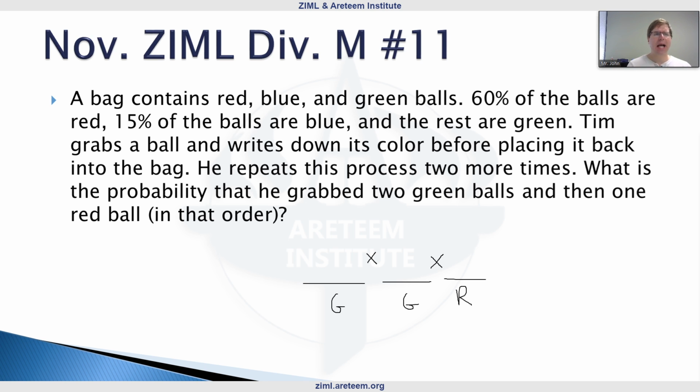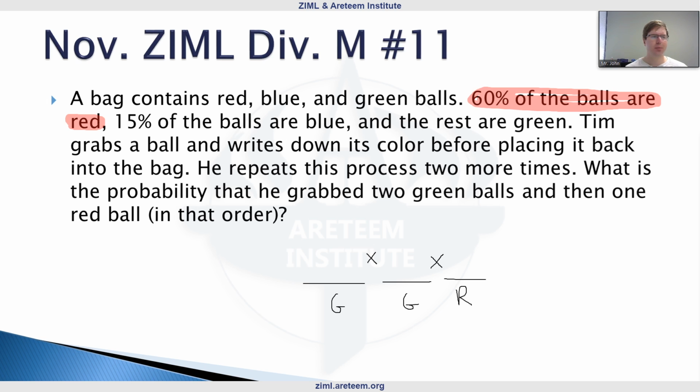Because what is it actually telling you? The problem is, in a sense, telling you some of the answers right away. So when we say here that 60% of the balls are green, or sorry, 60% are red, what is that telling us? That's already telling us the probability, right?